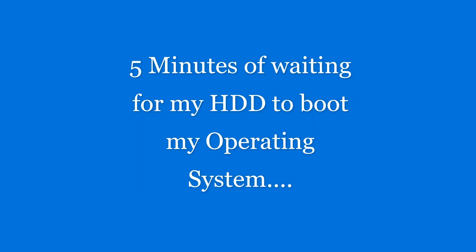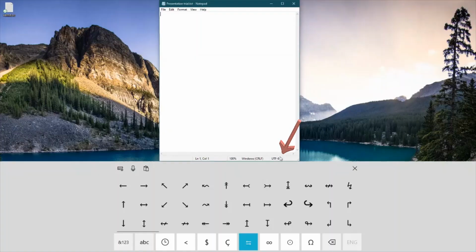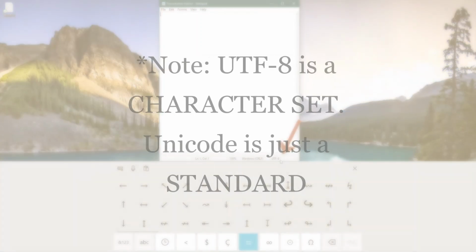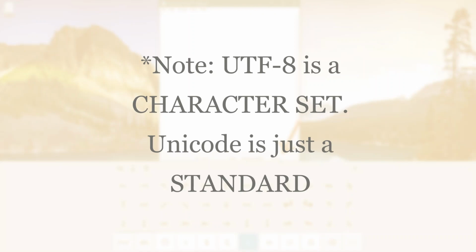Anyway, the discrepancy in character set translation can be easily seen in Microsoft Notepad, which, for the record, is arguably the best HTML editor out there. If you look down at where my cursor is pointing right now, you'll see that this Notepad file is currently encoded in the UTF-8 character set, which is a format of the Unicode standard.